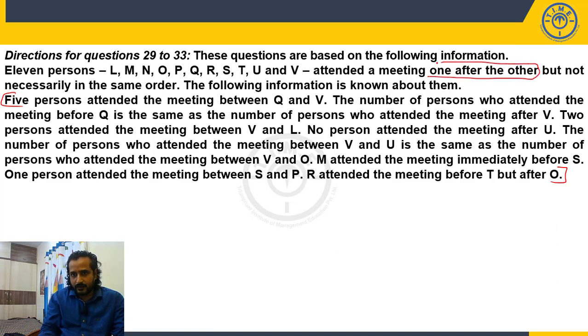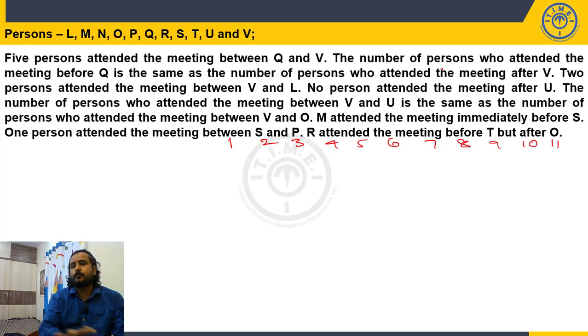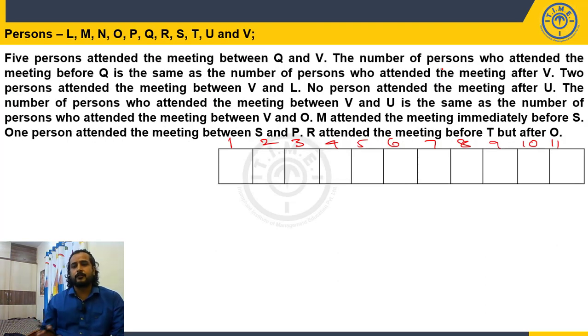When it is given one after the other, you will not have any basic structure. You just have to take the positions, because 11 persons attended the meeting one after the other. So we have taken 11 positions of meetings: first person to attend, second person, up to the last person to attend the meeting. First to last, simply.